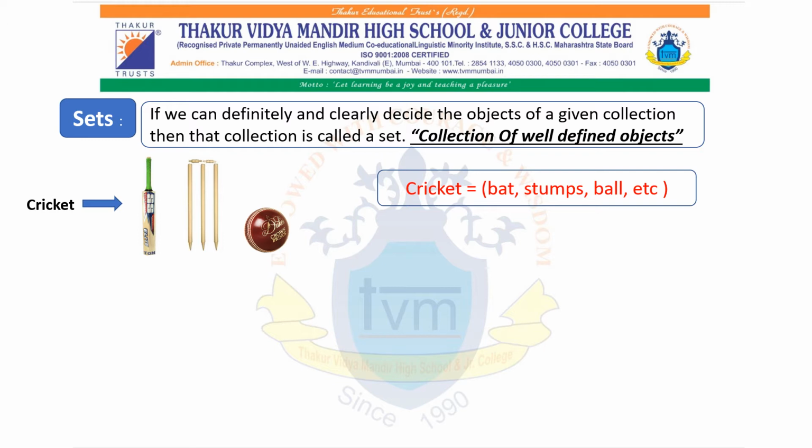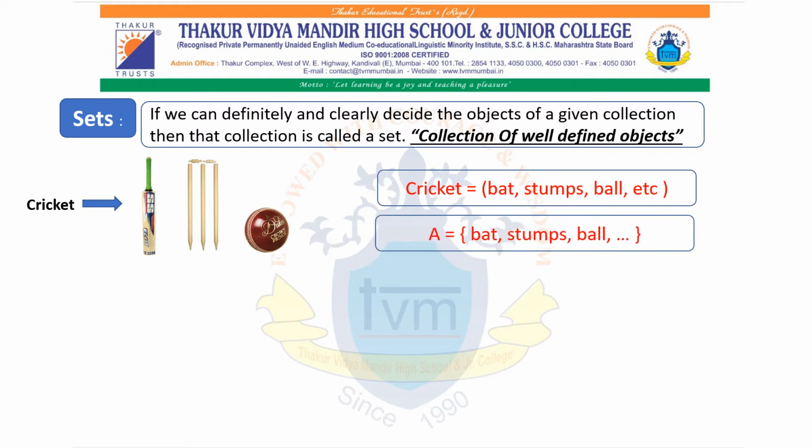So the name of this set can be called cricket, and the well-defined objects we selected can be called elements or the members of the set. The same thing in sets can be written as A is a set of bat, stump, ball, and so on.